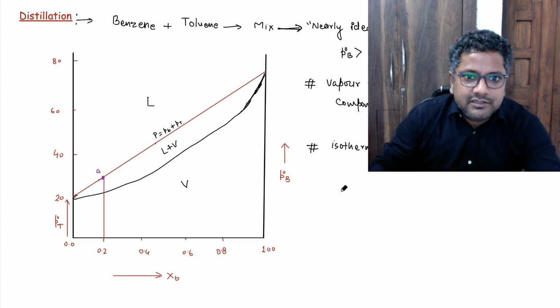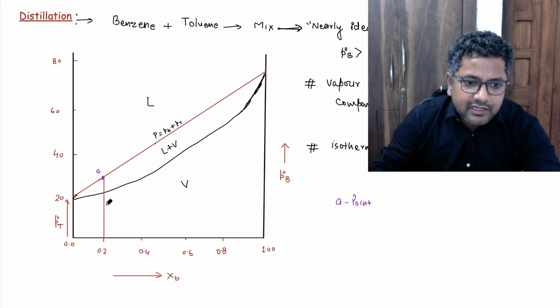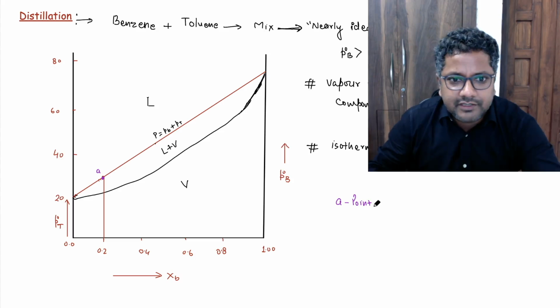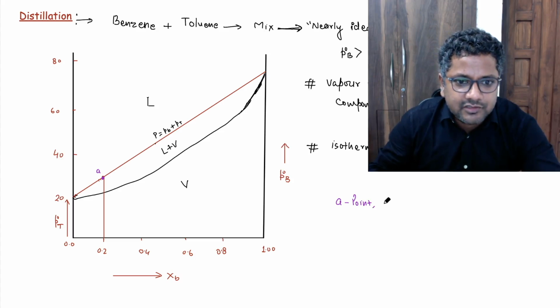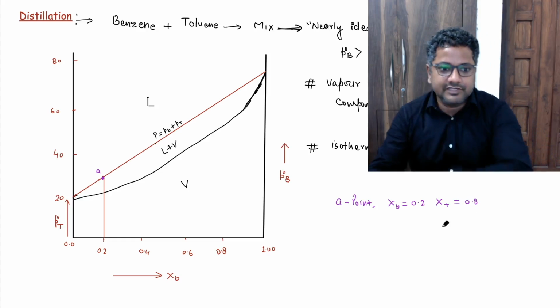So at point A, when I take this numerical value, you will get it very easily. Mole fraction of benzene is equal to 0.2, so the mole fraction of toluene is 0.8, because the sum is always equal to 1.